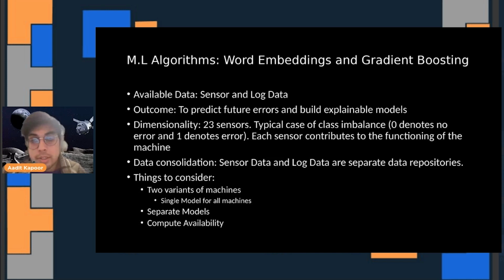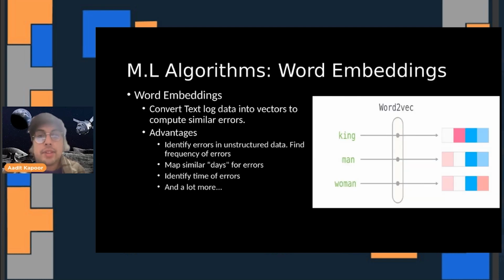Should we build one model for each version or generation of the machine, or two models? And then, what's our compute availability? These three things were to be considered when using word embeddings and gradient boosting to identify, predict, and prevent errors.